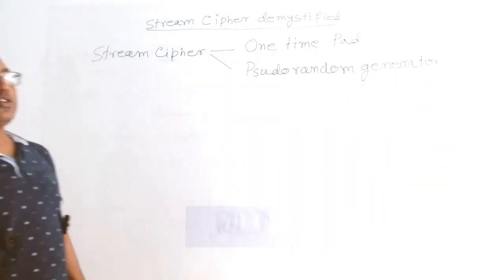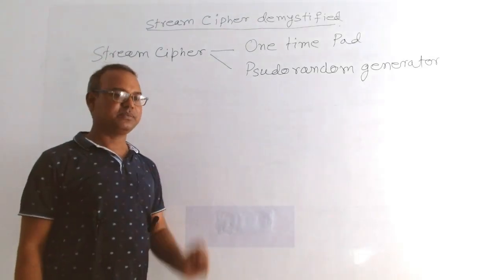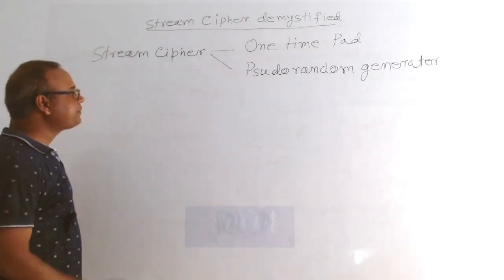These are two main components which are required to make a beautiful stream cipher. So first start with OTP. What is one time pad?